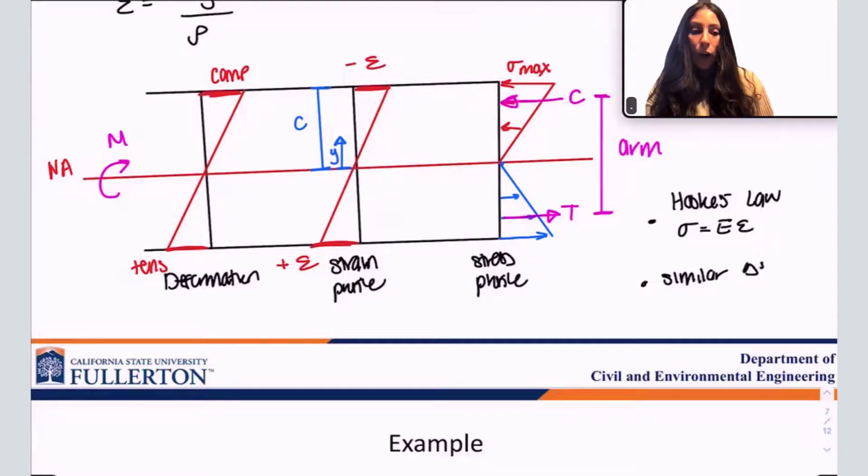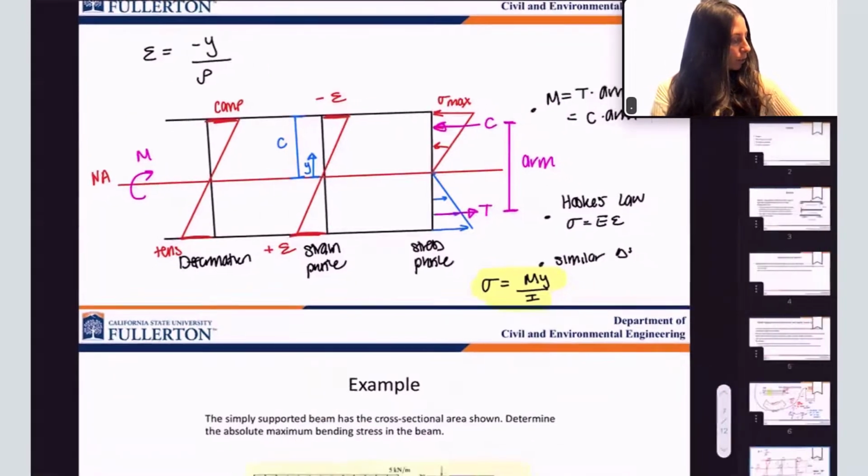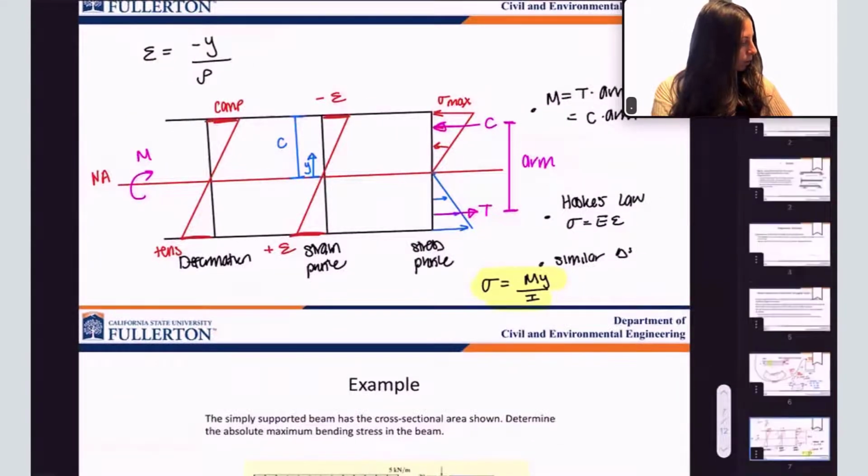And if I plug all of that in, I'm going to end up with the flexure formula, which is sigma is equal to My over I. What is I? I is the moment of inertia. I'm going to highlight this. So I'm actually going to add another page here.